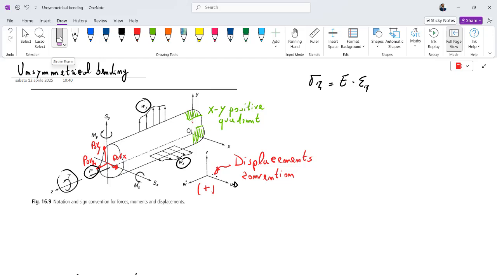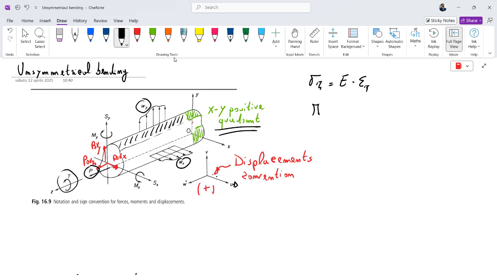Another important thing is this x and y positive quadrant. All the points that are in this region highlighted in green, in the x, y positive quadrant, we are going to say that we have a positive moment M if all the fibers situated along this portion, included in the xy positive quadrant, are positively bent.